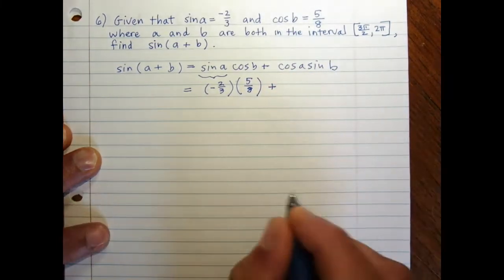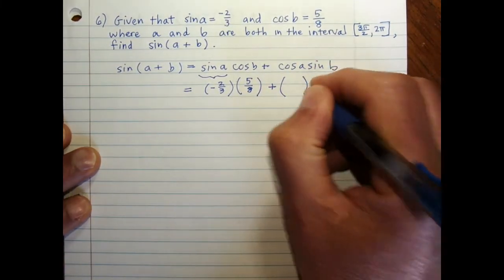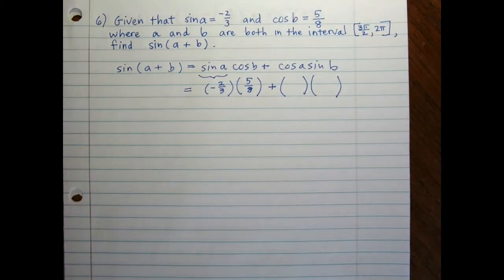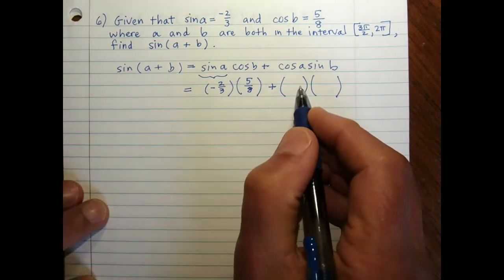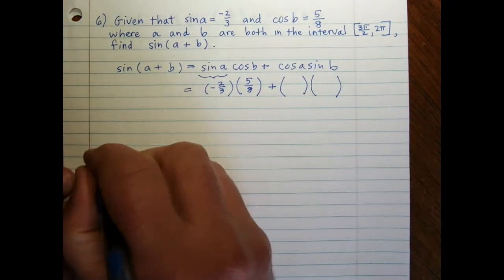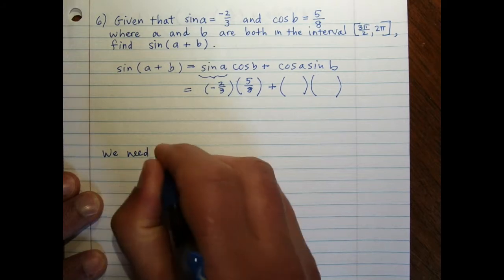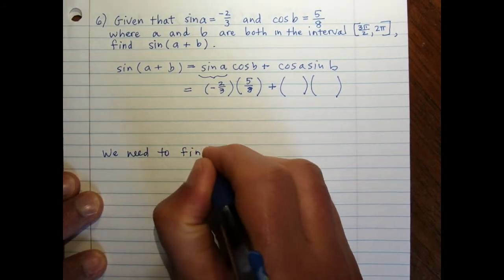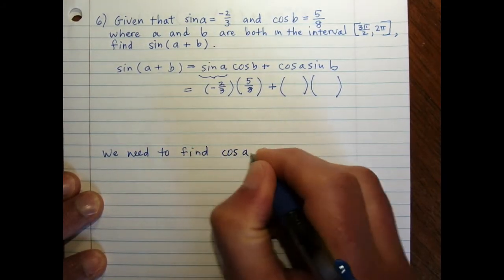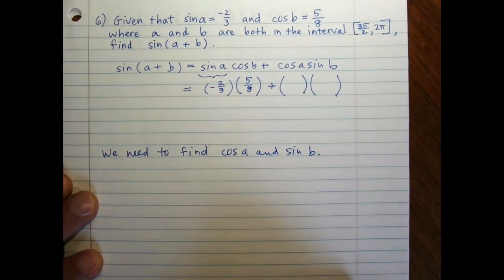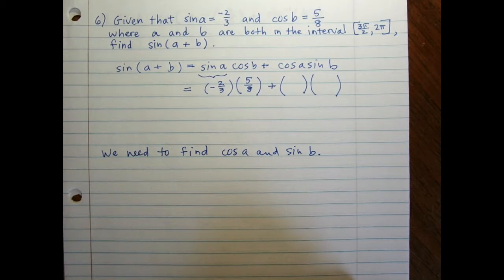But then I have to add on to that product cosine A times sine of B. And we don't have either one of those values. So we need to find cosine A and sine B. We need to figure out what those are, and then we need to plug them in and put our final answer together here.